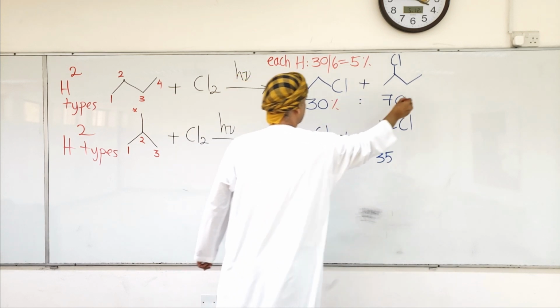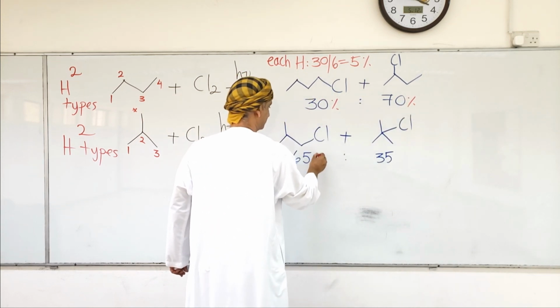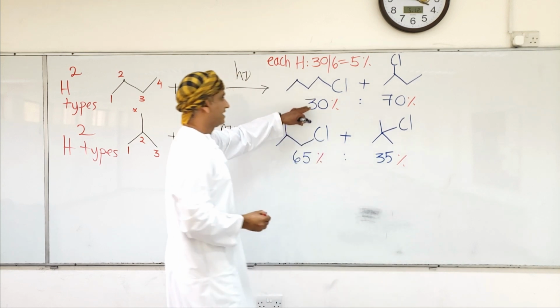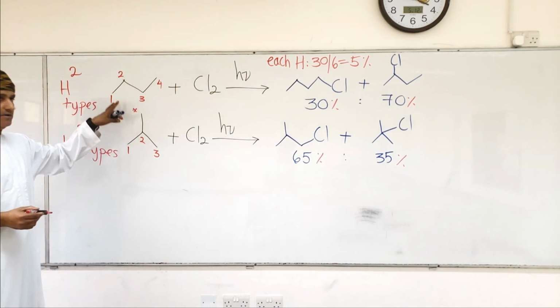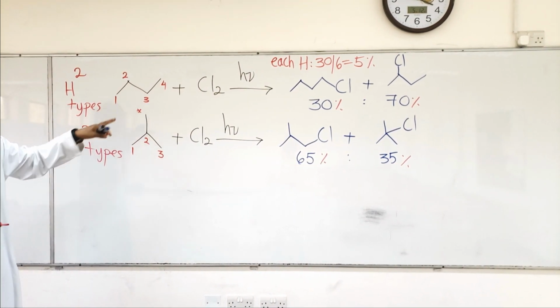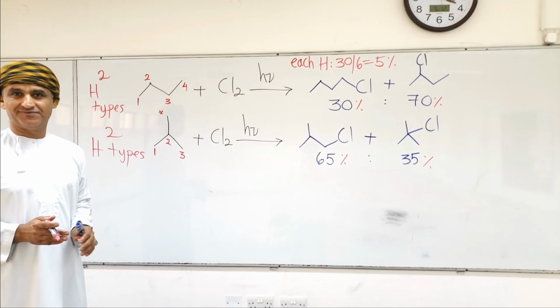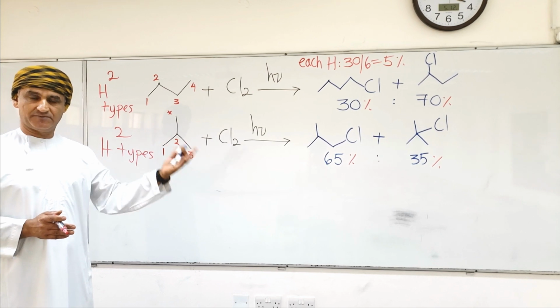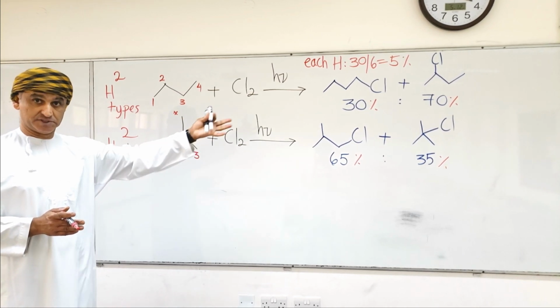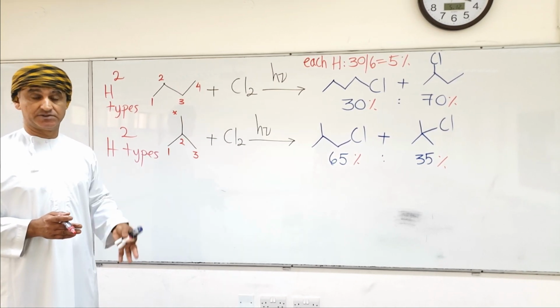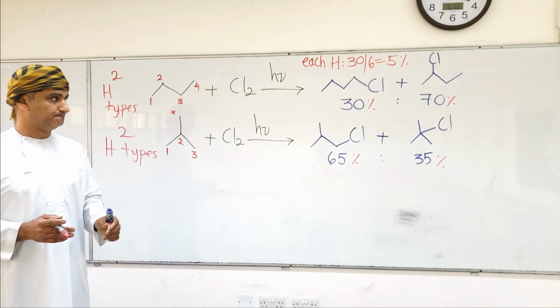So 30% for the 6 hydrogens total. Each hydrogen then would contribute 5% if you divide 30 by the total number of hydrogens that have contributed to this yield.